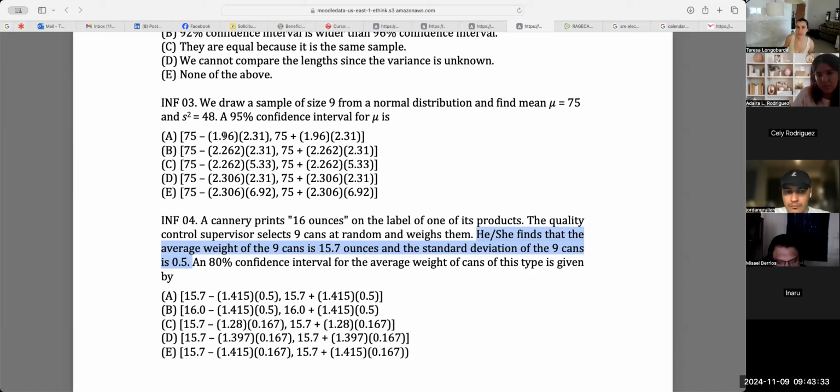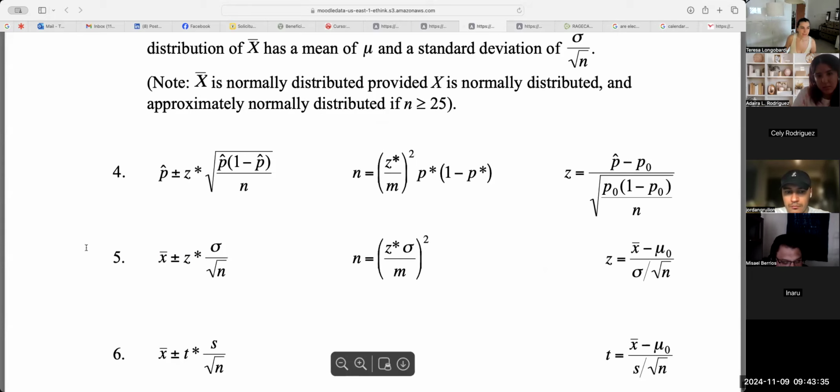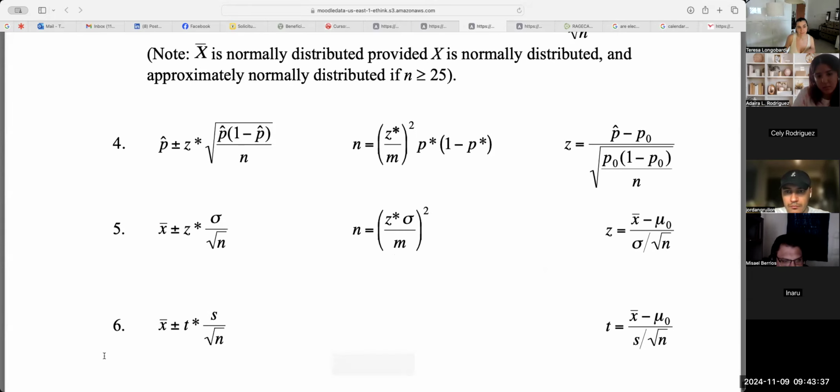In other words, which one is better, 5 or 6? Better in terms of accuracy.